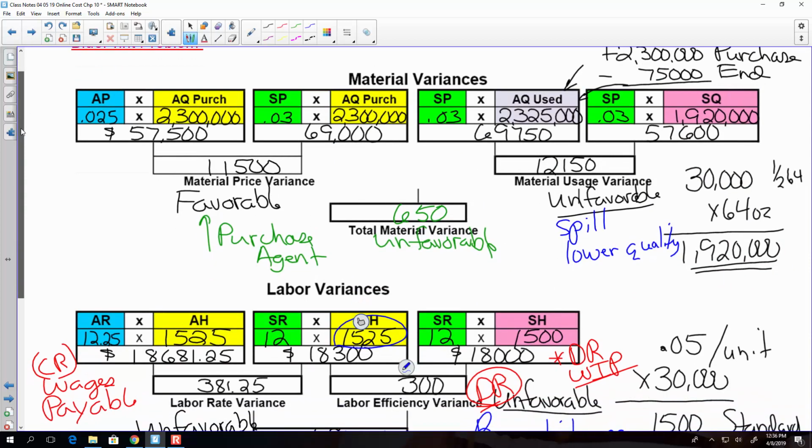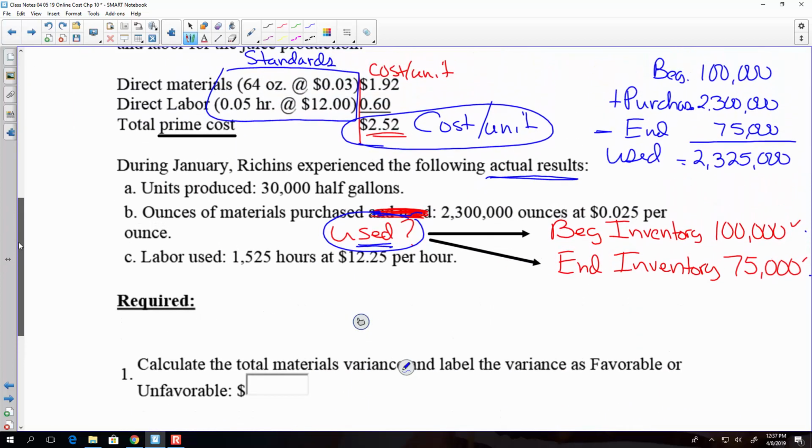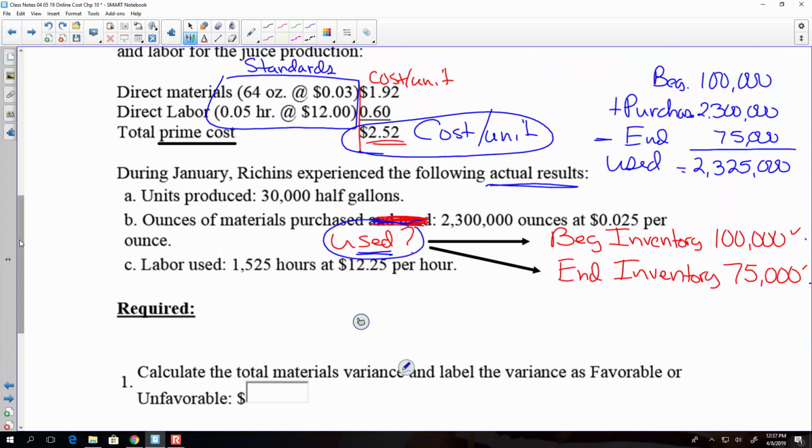So you'll notice here, I purchased in my yellow 2.3 million, and here's my gray number, 2.325 million, as far as how much did I use. I actually paid 2.5 cents. But if you look at our template, what was the standard? The standard was 3 cents. So if I go back to my problem 2 here, you'll notice that the 3 cents is right here in my standard section.